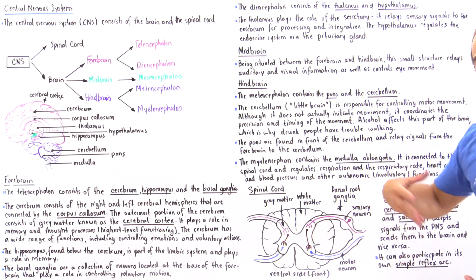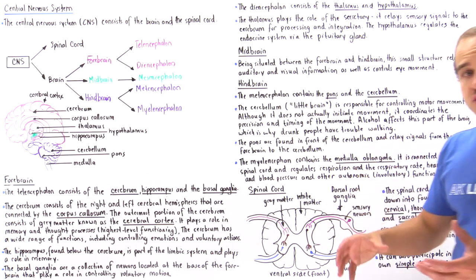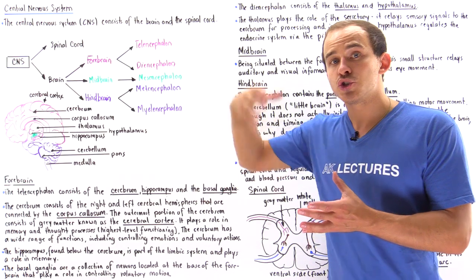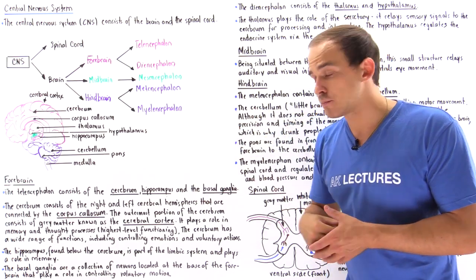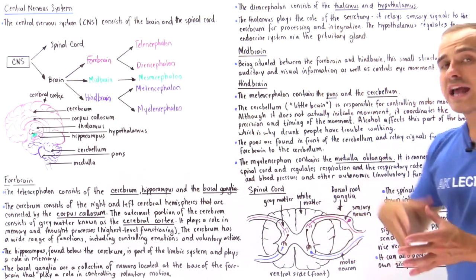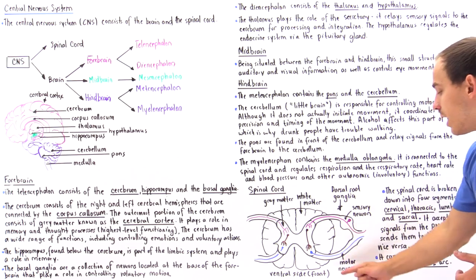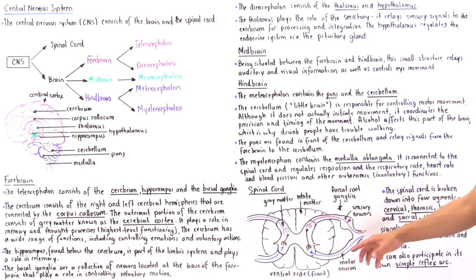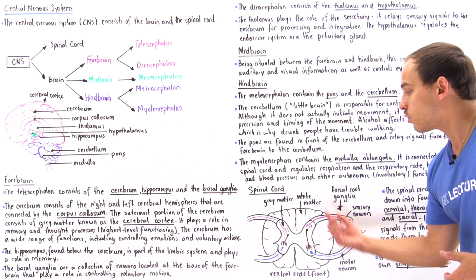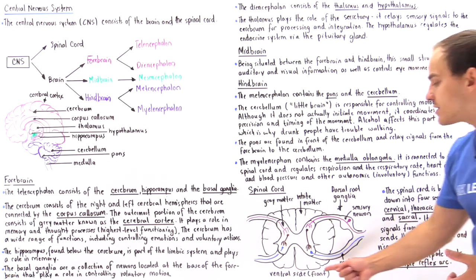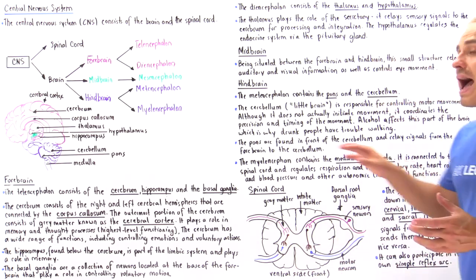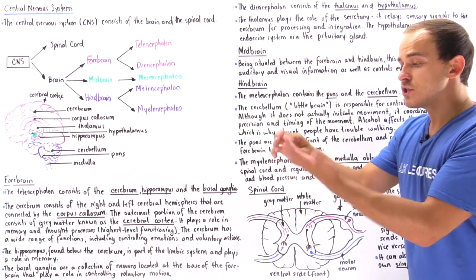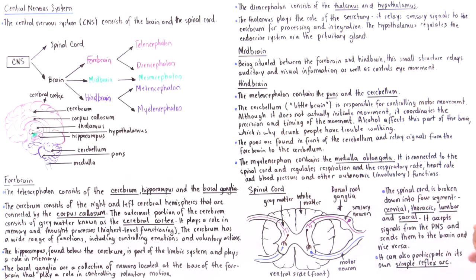Then that interneuron, without relaying that information to the brain, gives it right back to the motor neuron that travels away from the front portion of our spinal cord, known as the ventral side, and back to my finger, so that I remove my hand really quickly. This is known as the simple reflex arc.